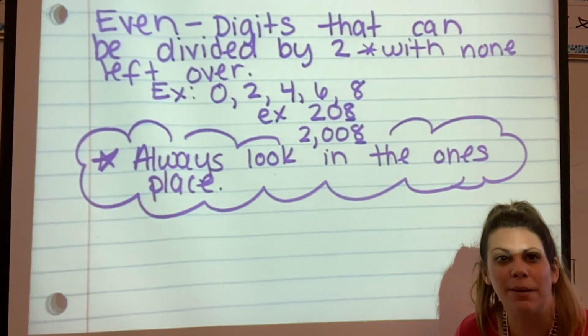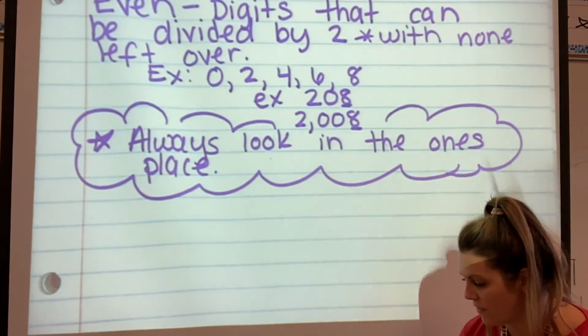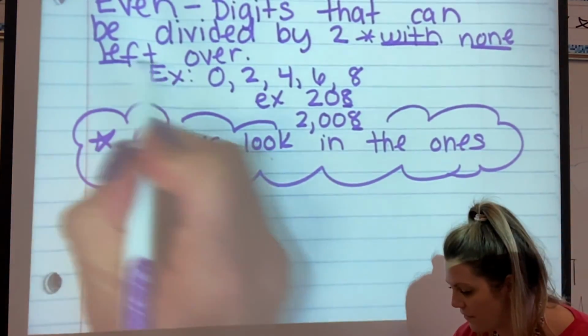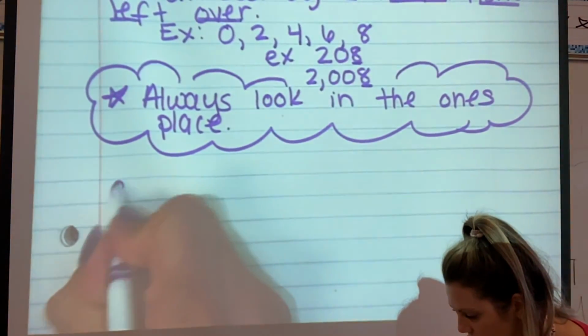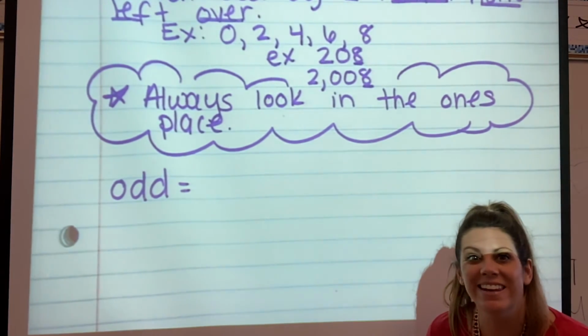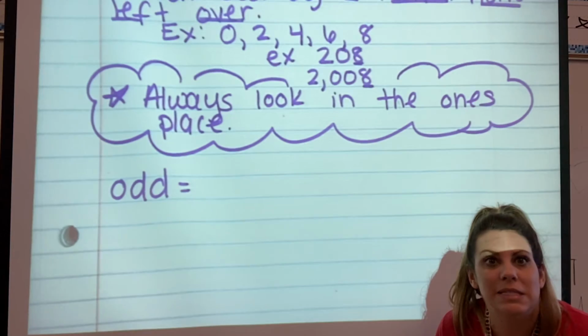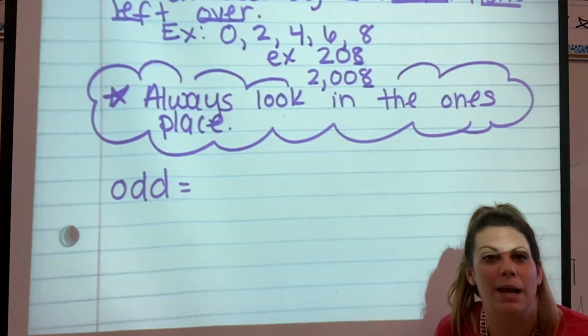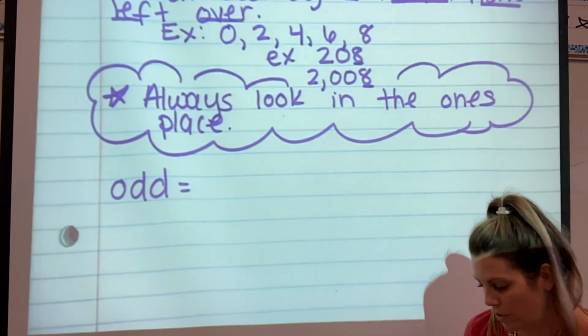All right, so even numbers we know have partners and you can divide them by 2 without having anything left over. Well, what about odd? Those are digits that cannot be divided by 2, and there's always going to be something left over. If we tried to split it up into groups or have a partner, there'd be 1 left over, okay?